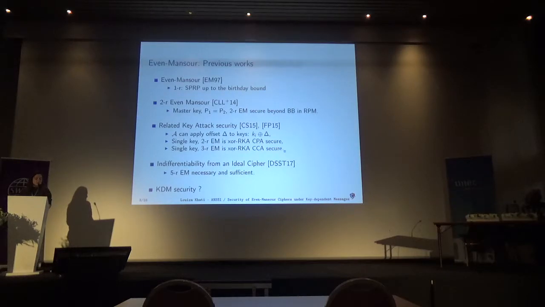And they show that for the configuration where you have only a single key and a two-round Even-Mansour, we have CPA security, and that we need three-round Even-Mansour to have CCA security. The last work done on Even-Mansour was done by Dai et al. last year, and they show that five-round Even-Mansour is necessary and sufficient to have indifferentiability from an ideal cipher. So it seems that the KDM security remains to be analyzed.